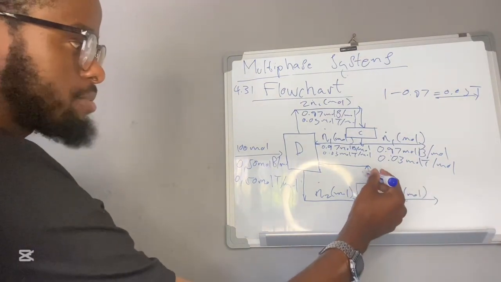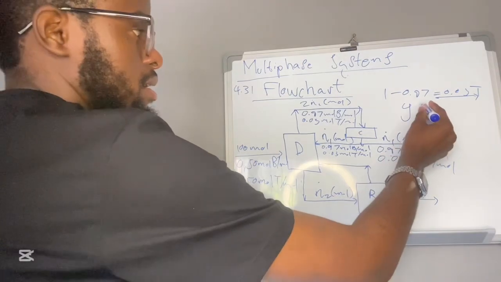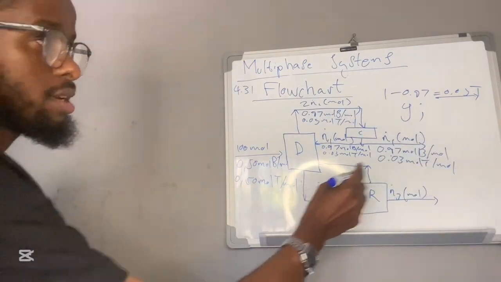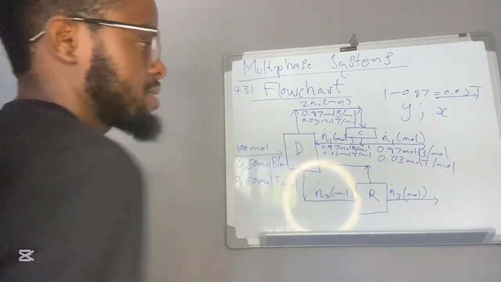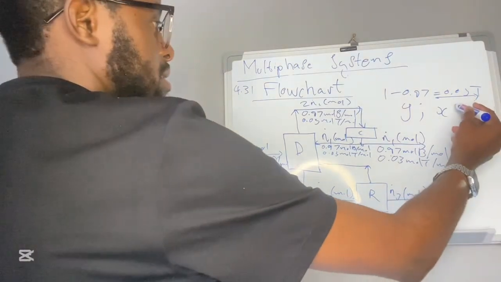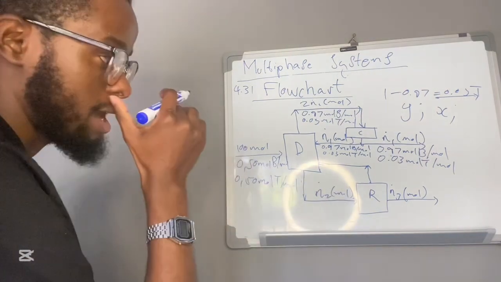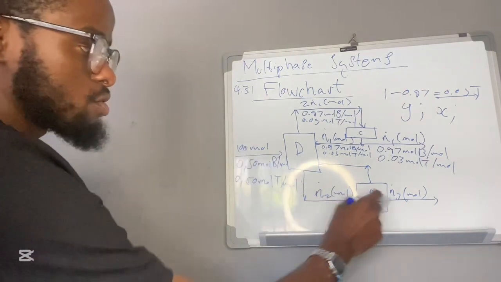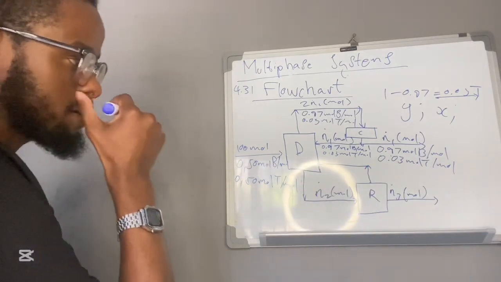So for vapor we use letter Y, right? For liquid we use letter X, right? I don't want to confuse these two, because this is still a liquid and this is still a liquid, but this is a vapor, right?